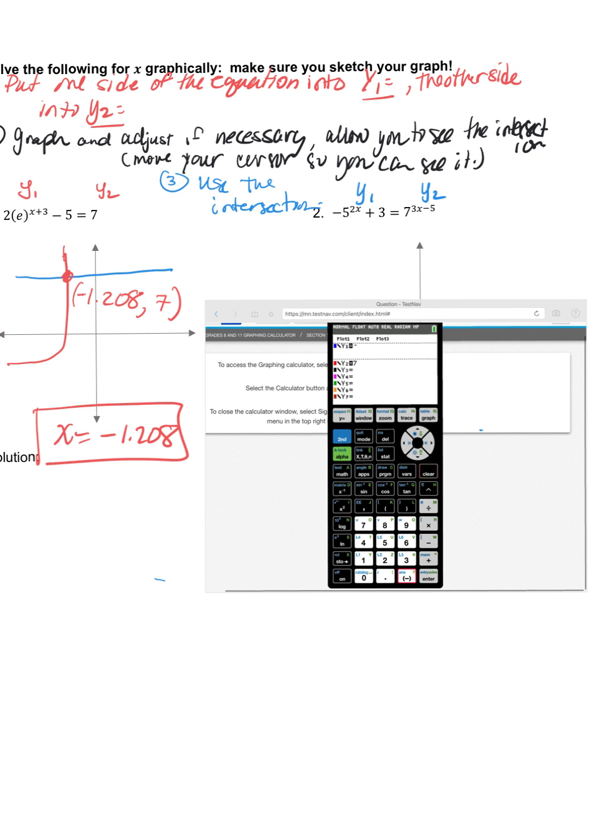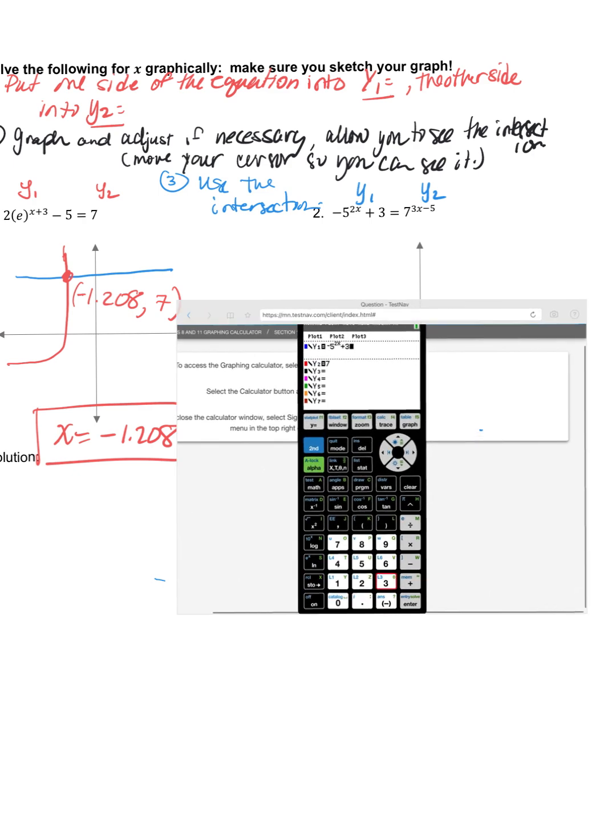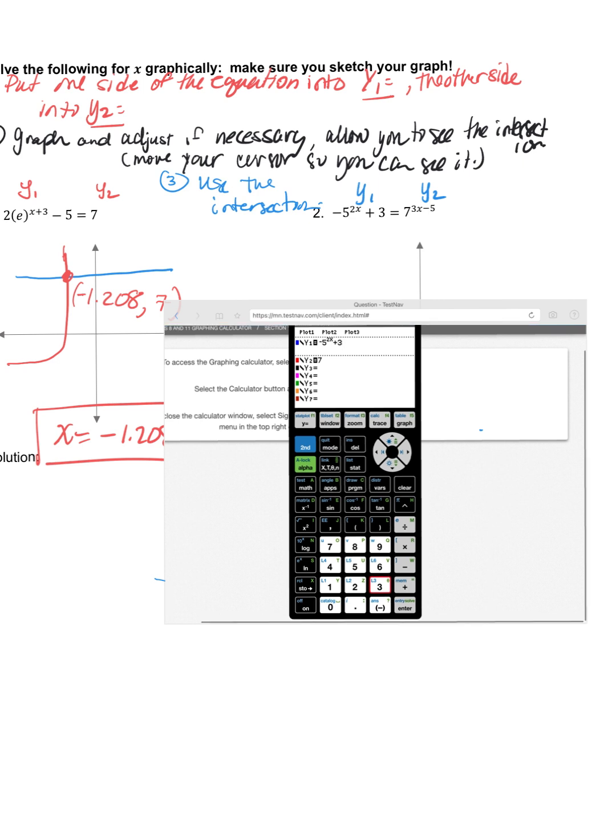Negative 5, and then you can do your caret key, 2x, make sure you're out of the exponent, plus 3. And then equals, so hit enter, 7. Okay, caret key again, 3x minus 5. And hit enter.